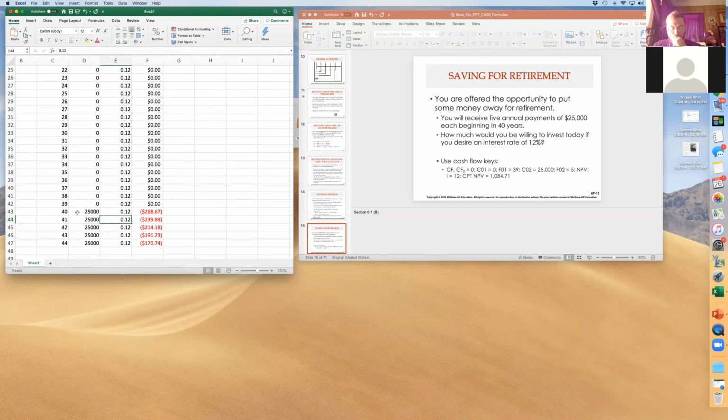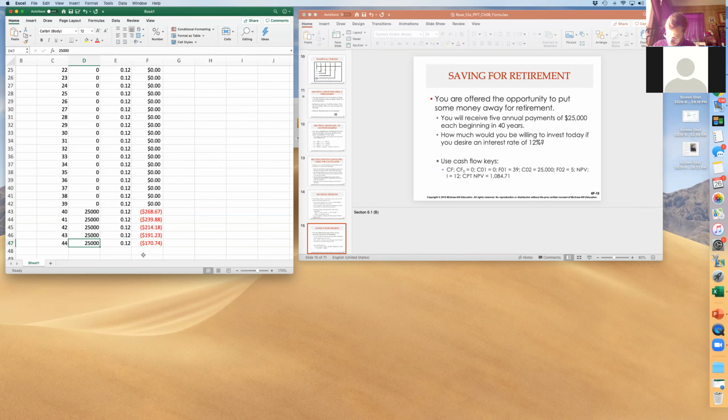If I had another $239.88 today, I could invest it for 41 years and have $25,000 that I would receive in time period 41. All right. And this last one, I'll skip to it. I've got a present value of, if I had $170.74 today, I would have $25,000 in year 44.